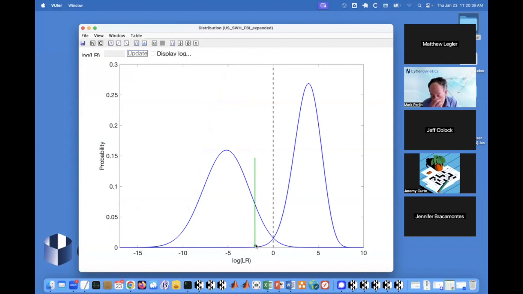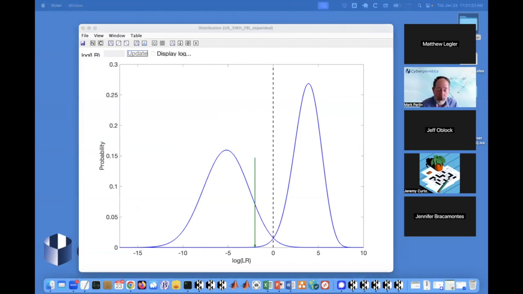Right. So the whole point of this is that it's symmetric. There's a dual relationship between these non-contributor and contributor distributions. As far as the math is concerned, your hypothesis is just the flip of what you had before, and you're just looking from left to right instead of right to left. The Bayesian math doesn't care.